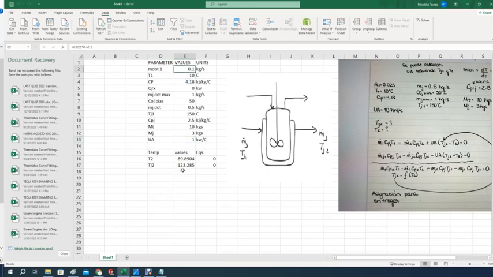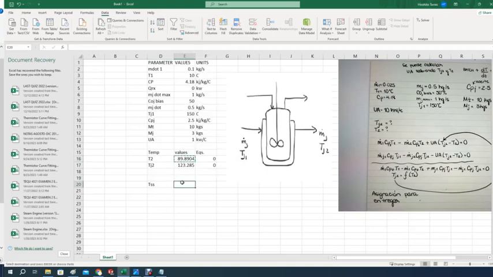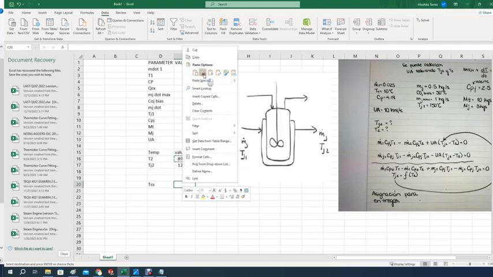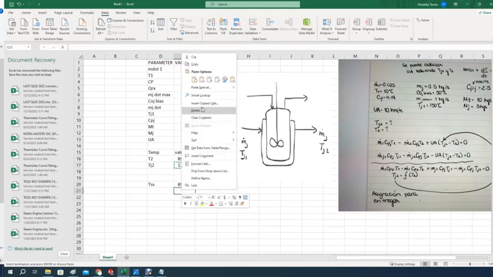It makes more sense, the value I'm seeing right now. I'm going to call those values TSS, for both jacket and tank. So I'm going to copy this, put a T here, and paste the numbers.